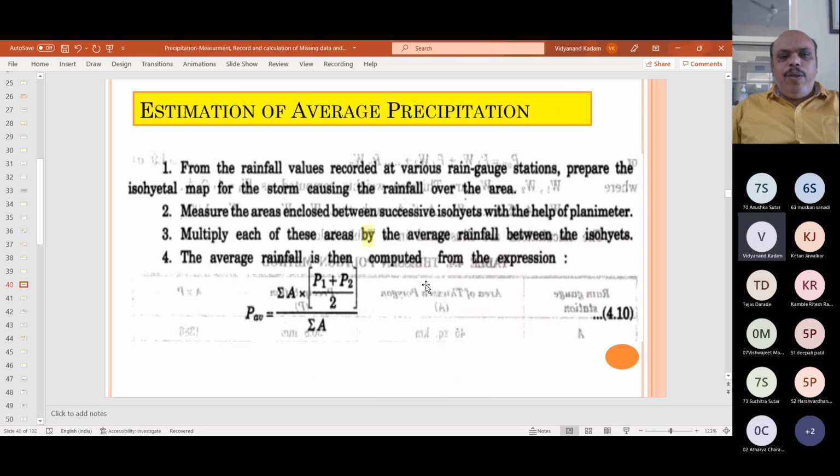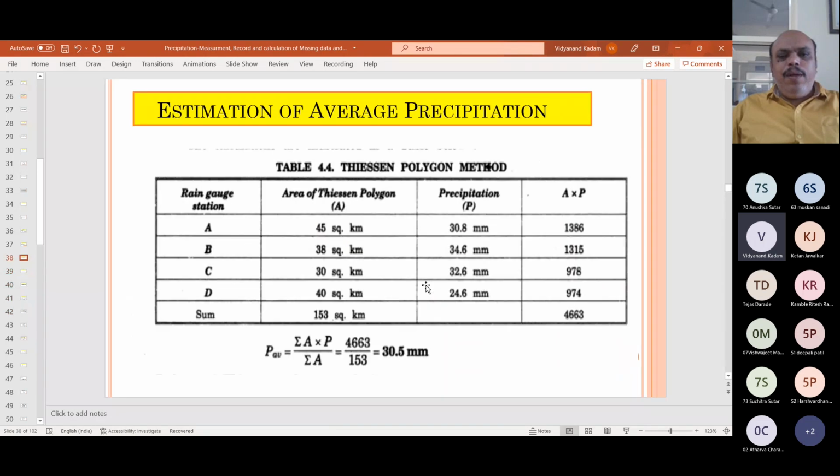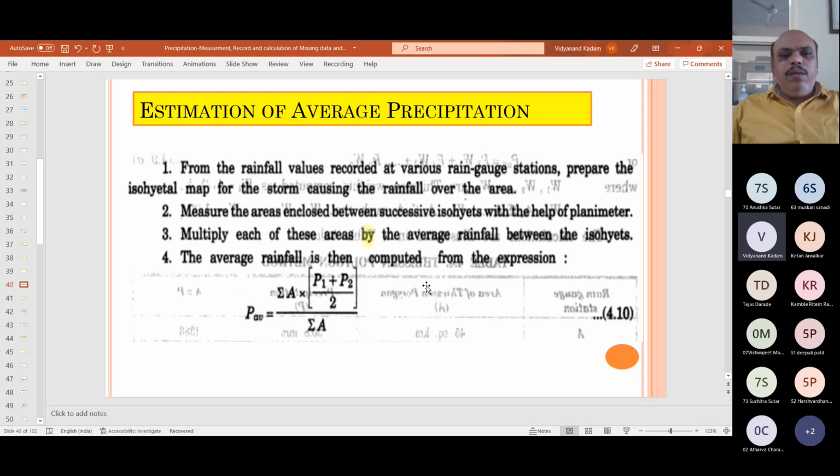Also, we have solved a problem on this calculation of average precipitation by Thiessen's polygon. This Thiessen's polygon has certain drawbacks. The main drawback is it does not consider the topography of the area, and topography highly affects the precipitation values, the rainfall values.